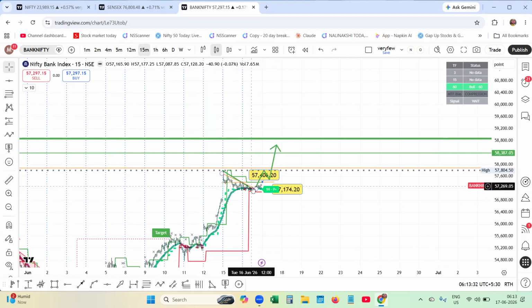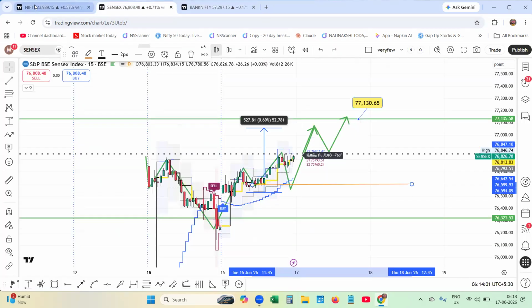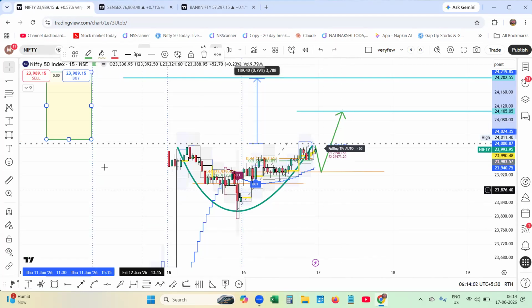Now it is a falling wedge pattern, and if it retraces, it may face resistance around 57,818, and then retracement and pullback, it may go up to 58,391. It appears that the market can rally even along with the Sensex and the Nifty.